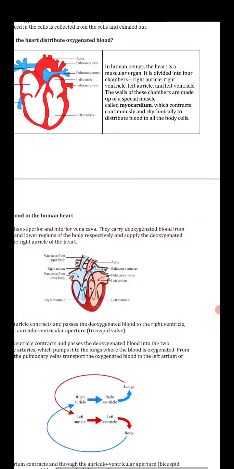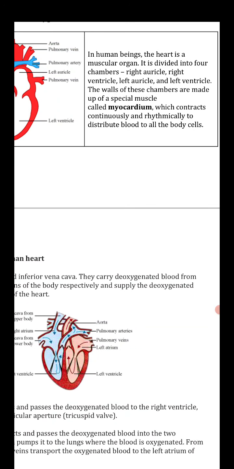Normally the human heart is a muscular organ. It's divided into 4 chambers. In human beings the heart is a muscular organ, and it is divided into 4 parts: the right side, the left side, the upper portion and the lower portion. The right auricle, right ventricle, left auricle and the left ventricle.